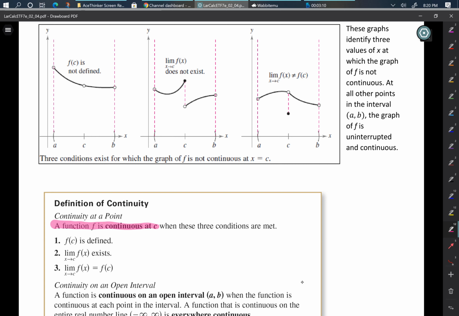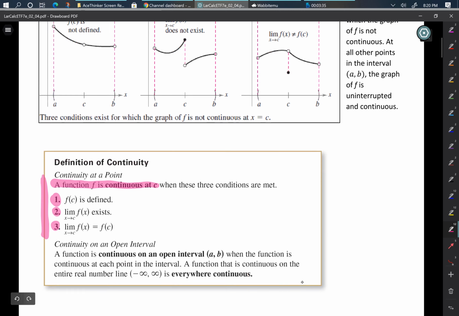One, the function must be defined, f of c must be defined. Two, the limit must also exist there. And three, the limit of the function at c must also equal f of c.